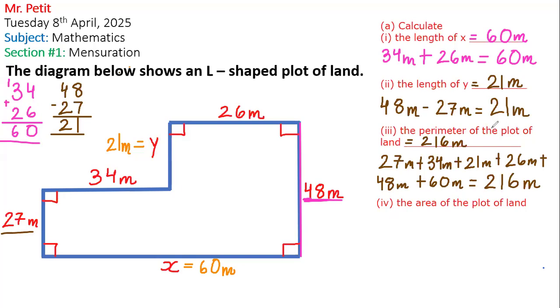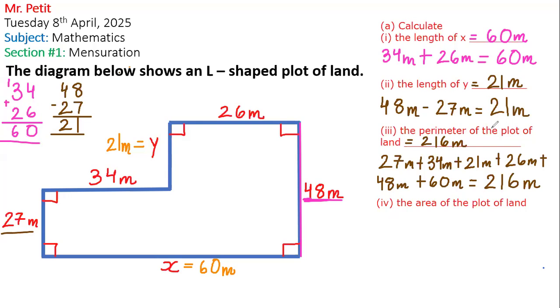Find the area of 48 times 60 and then minus the 34 by 21. Like minus the smaller area.